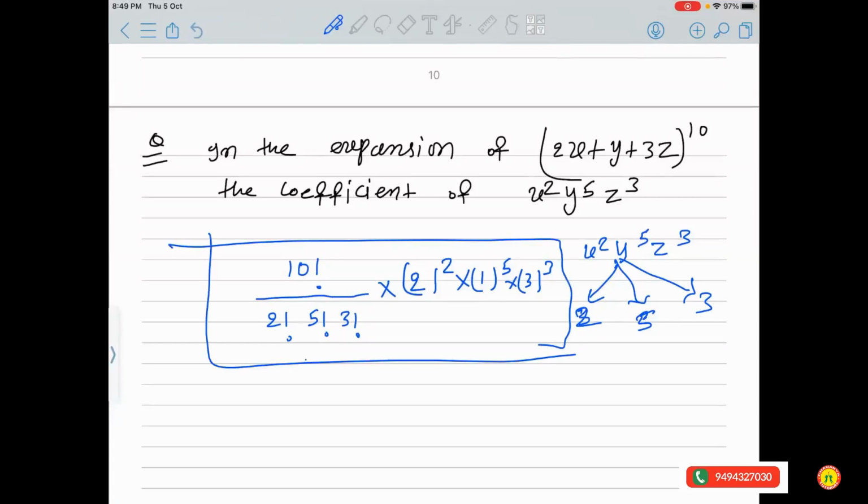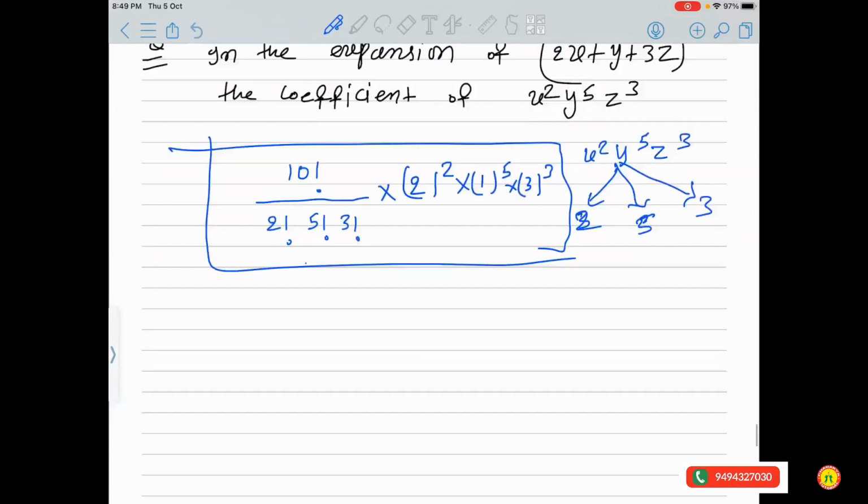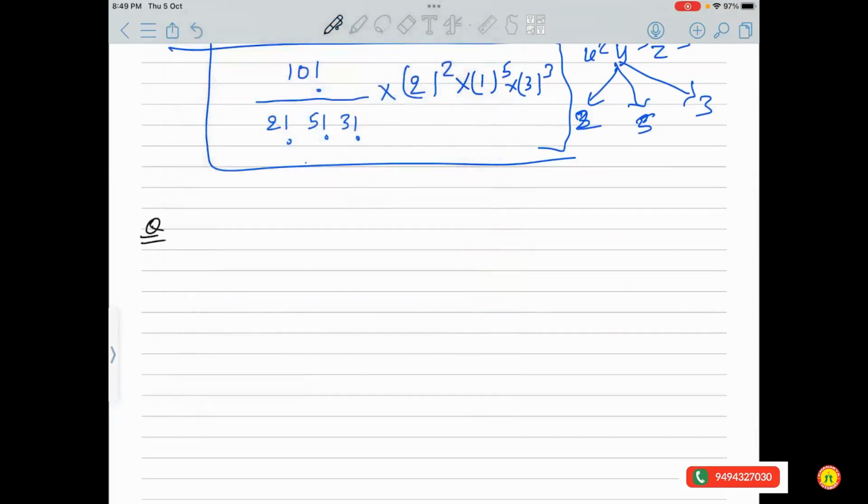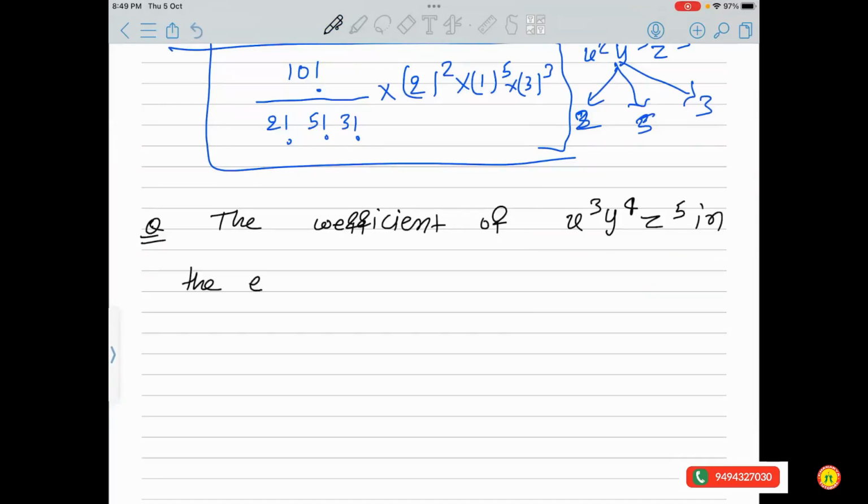Okay. So now I am discussing one last question from multinomial theorem. The coefficient of x cube y power 4 z power 5 in the expansion of (2xy plus yz plus zx) power 6, right?